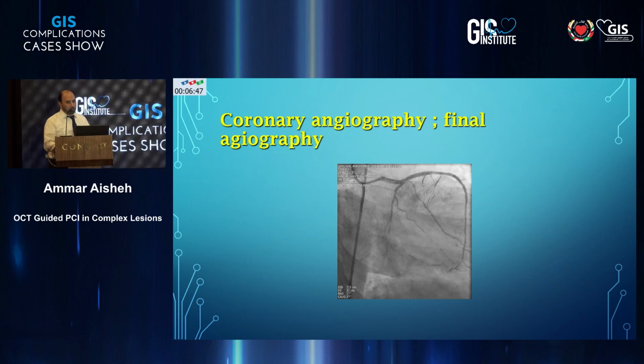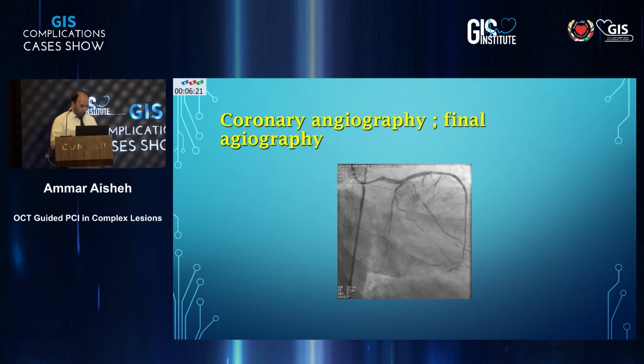But if I have a dissection, or like Dr. Fawaz mentioned, they use the PDPA. Dr. Colombo has suggested this algorithm, and if you have a PD of more than 90.9, then you can leave it.